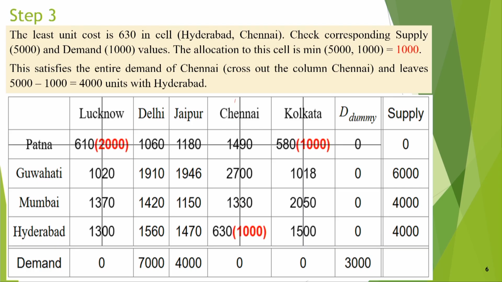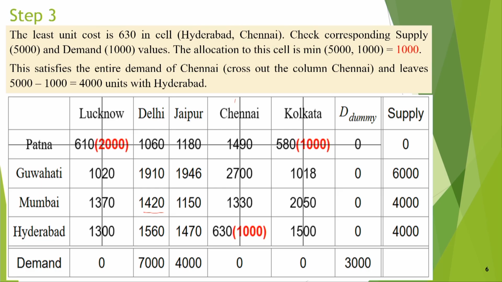Then we have to check where the least cost is. Okay. In the other cells, we have 1910, 1946, 1420, 1150, 1560, 1470. Out of that, 1420 seems to be the least cost. Okay. So therefore we will try to allocate the maximum to this, but Mumbai can only supply 4000, although Delhi can accommodate 7000.